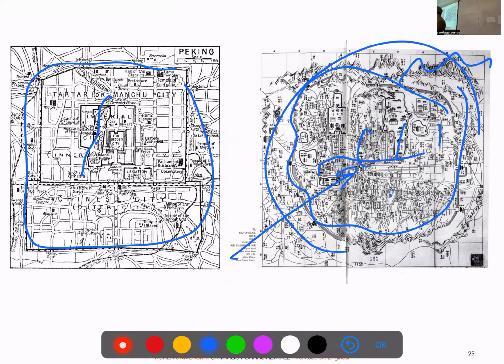That's a manifestation of this different temper, this different sensibility in dealing with the same urban problem.